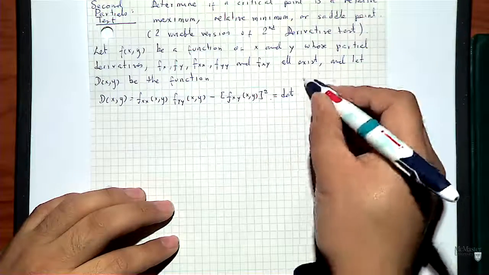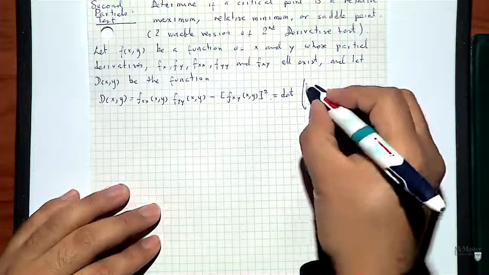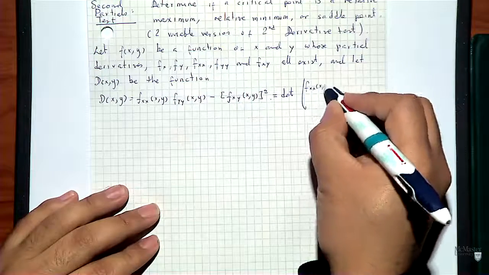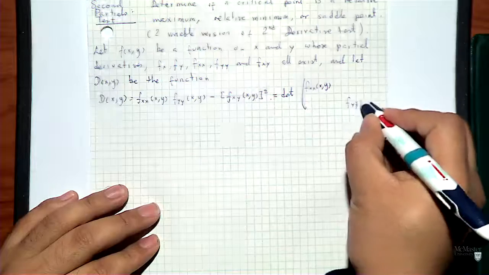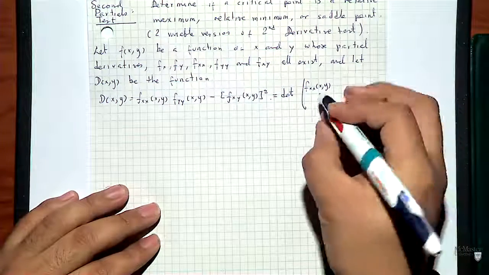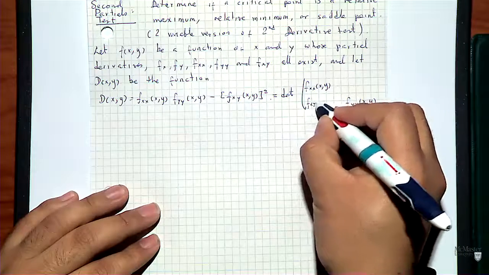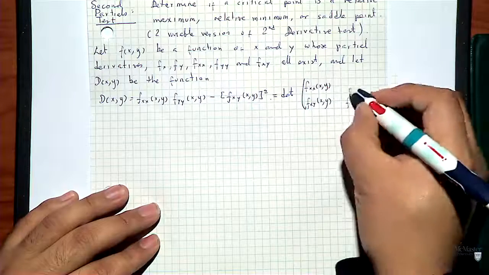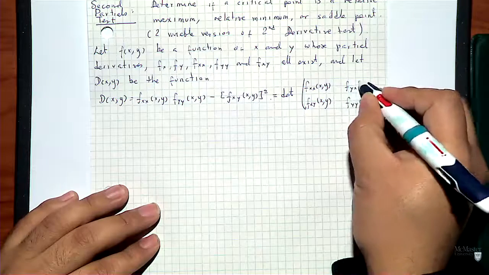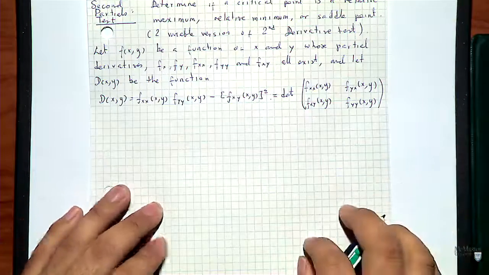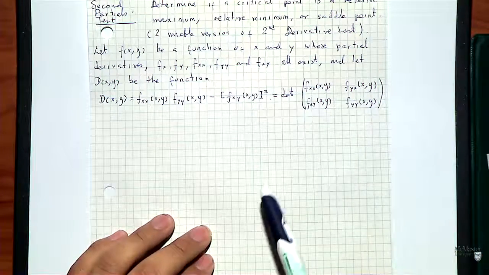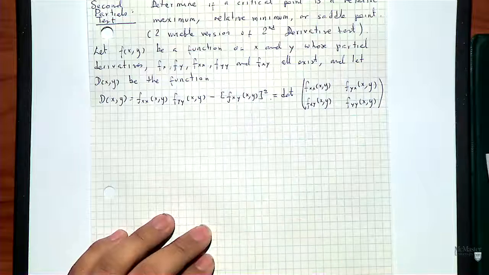Maybe it's not so obvious, but this is actually equal to the determinant of a matrix, which has f_xx evaluated at x y, then f_yy in this corner, f_xy over here, and f_yx over here. Knowing that these two are equal, if I compute the determinant, I get this expression.